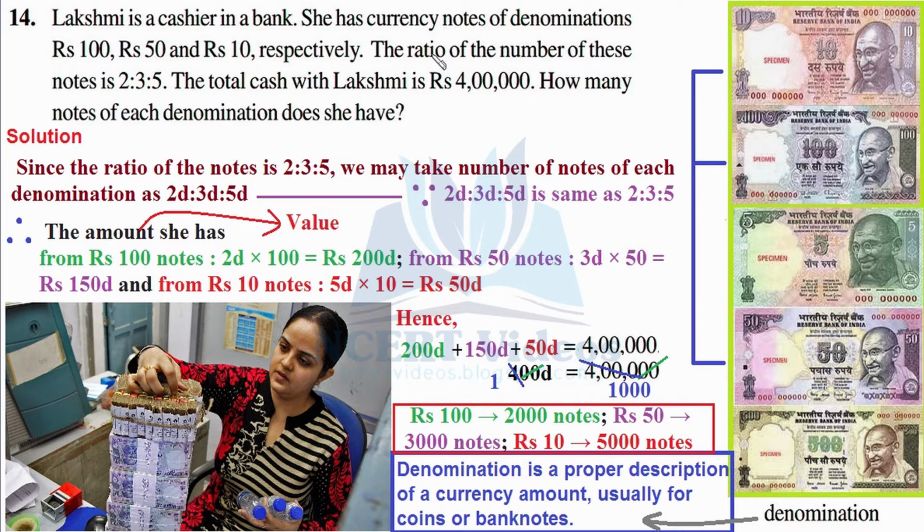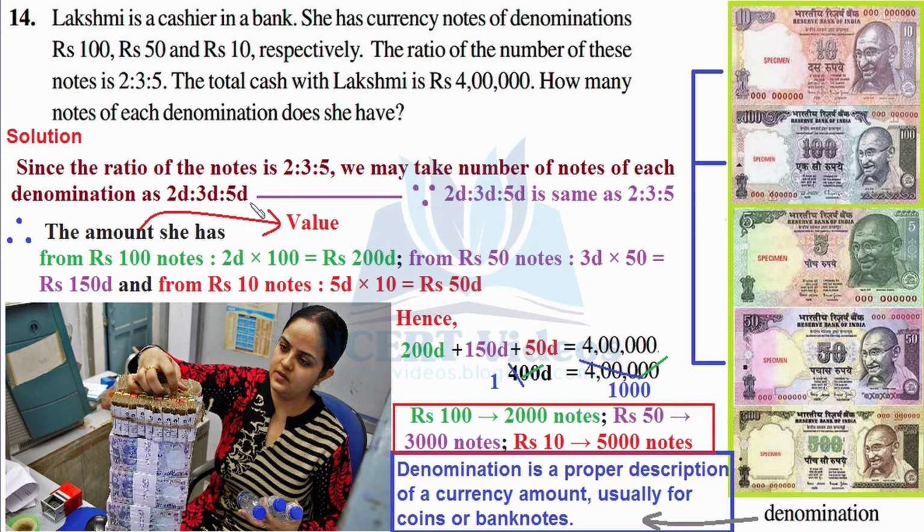Whenever we have a ratio, it comes with a hidden factor, which we have to assume in this case. So our solution goes like this. Since the ratio of these notes is 2 is to 3 is to 5, which is given to us, we may take the number of notes of each denomination as 2D, 3D, 5D. Why D?